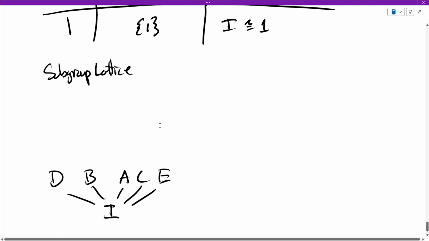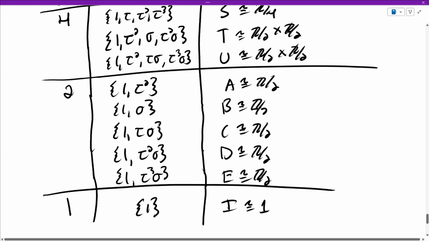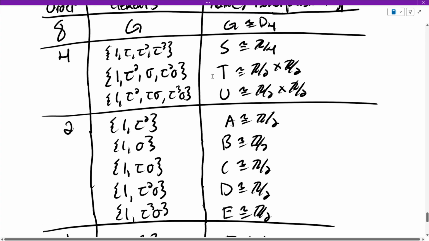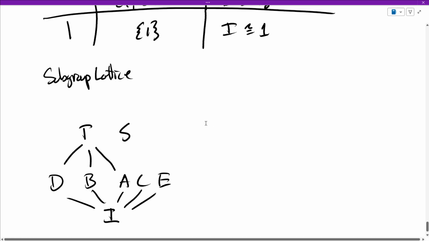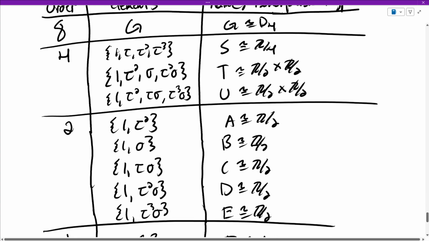All right, that's good. Now let's look at the ones that are contained in T. So all the ones that have elements from 1, tau squared, sigma, tau squared sigma. So I believe that's A, B, and D. A, B, and D have elements in T. So I'm going to put a T here. All right. Now let's look at S. What guys have elements in S?